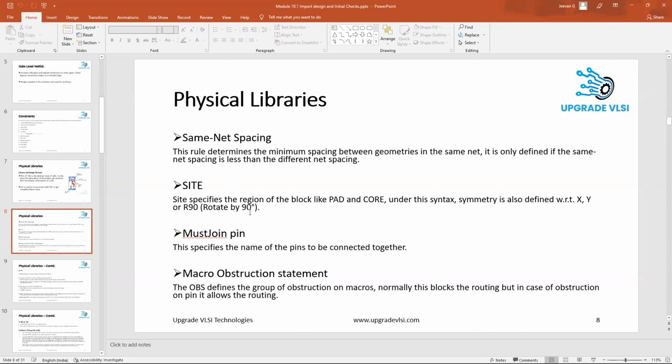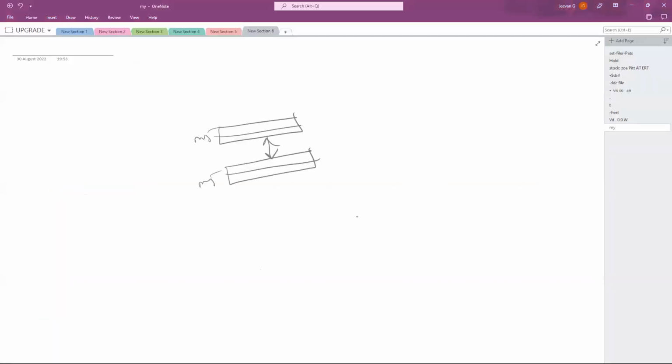For example, if you have pads like this, just remember: whenever you talk about a particular thing, whether it is a macro, a standard cell, a pad, or the entire chip, you need to talk with respect to the XY coordinates.